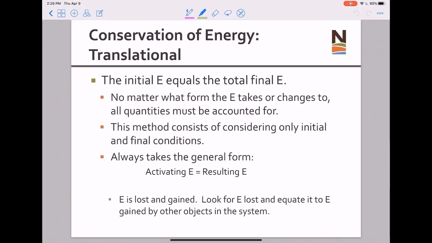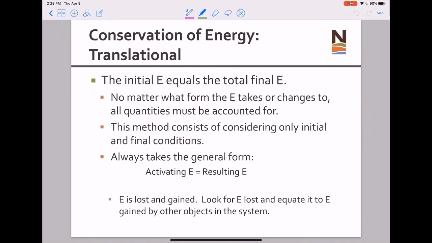In the initial state, you might have, for example, the ball. As it's being released from my hand, if I'm throwing it up, it has a maximum velocity. The second that it's released from my hand, all the energy is transformed into kinetic energy, okay?